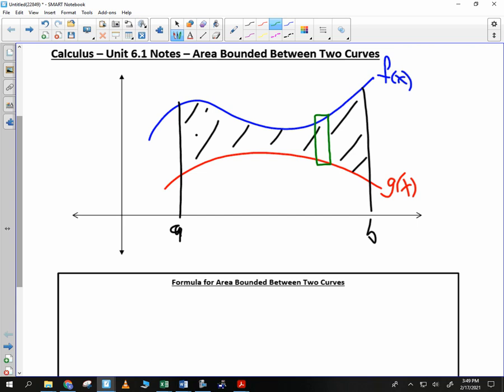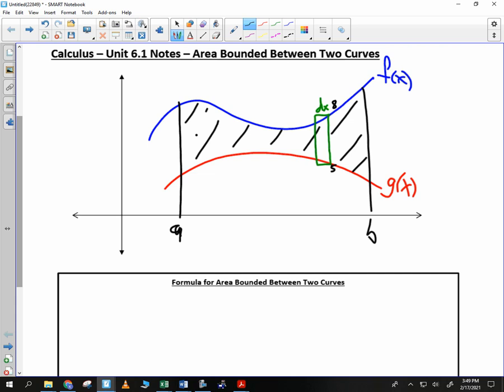If we want to find the area of one rectangle, we actually say that the width of this is dx. dx refers to the width. So that's why you're always seeing it at the end of an integral. And here's the time where I bring it up. So what about the height? Well, it's not too tough to figure out. Suppose that this had a height of 8 and this had a height of 5.